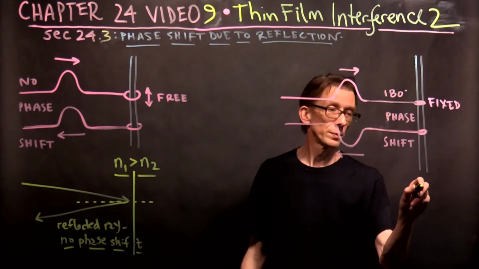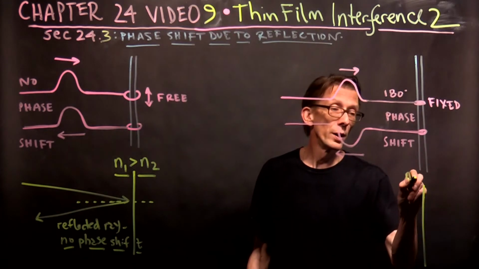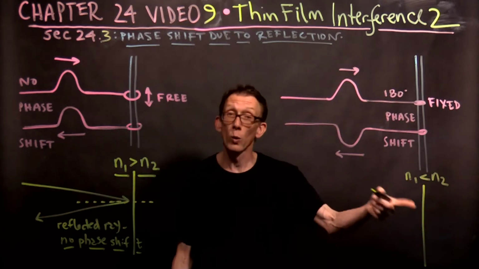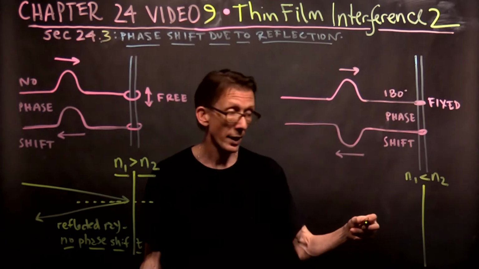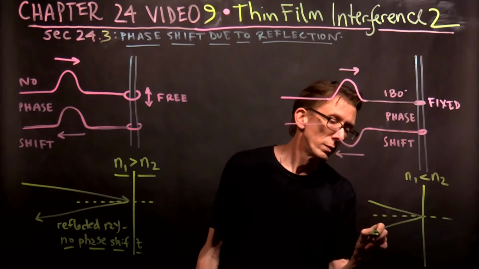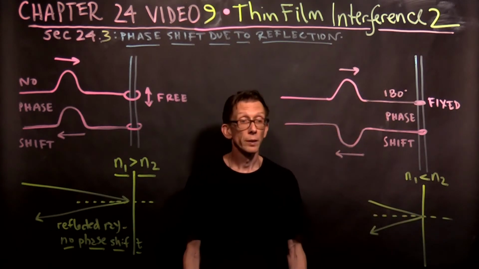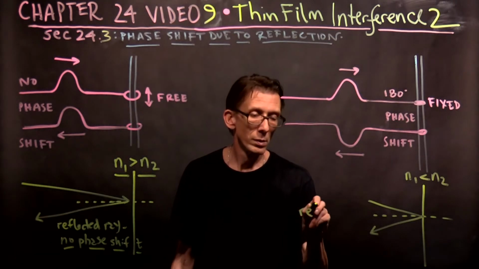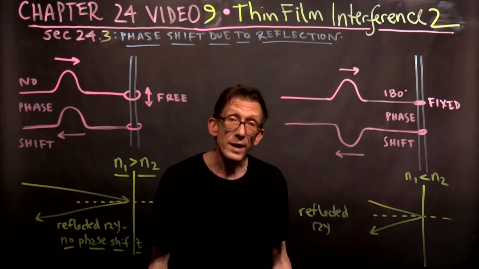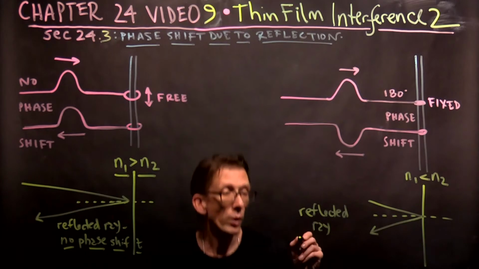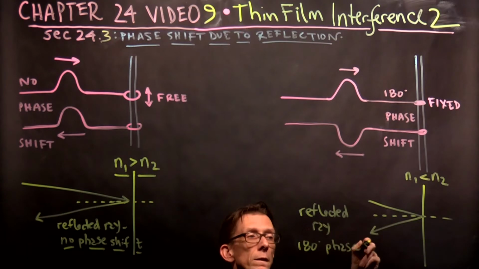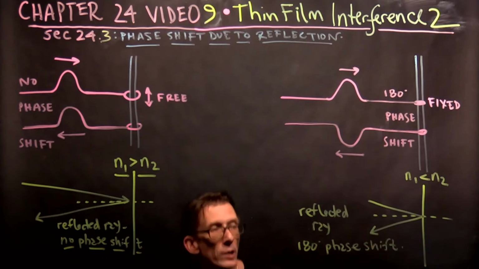But in this case, if N1 is less than N2, so now we're going from, say, air to water or air to glass or water to glass, going from low index to high index, it turns out that when there's a reflection, the reflected ray has a 180-degree phase shift.